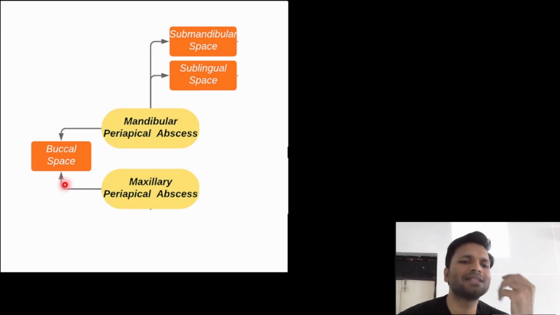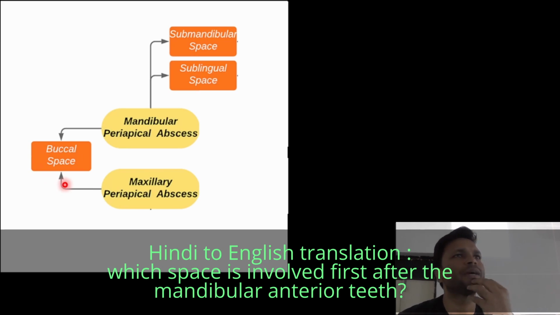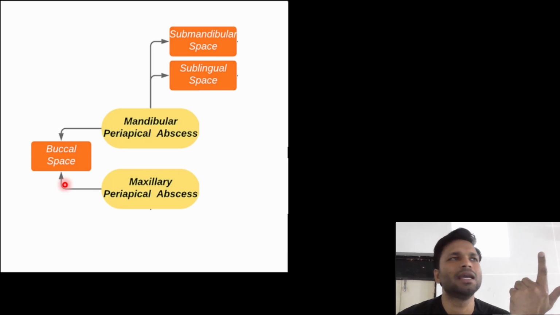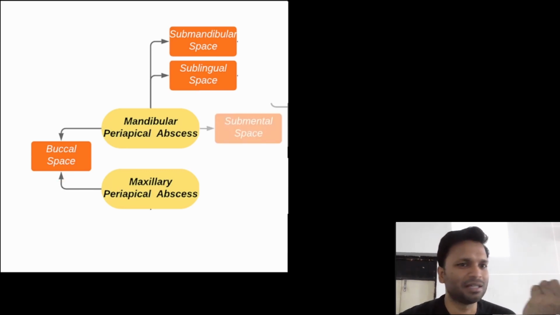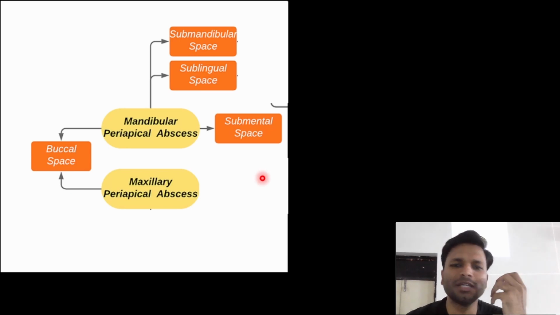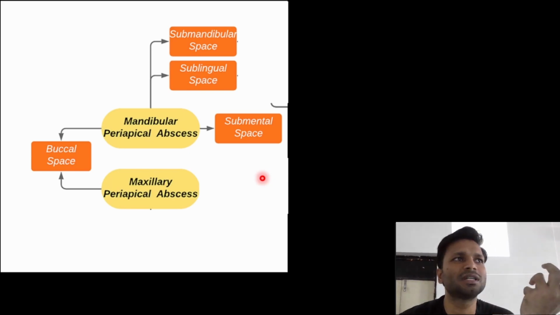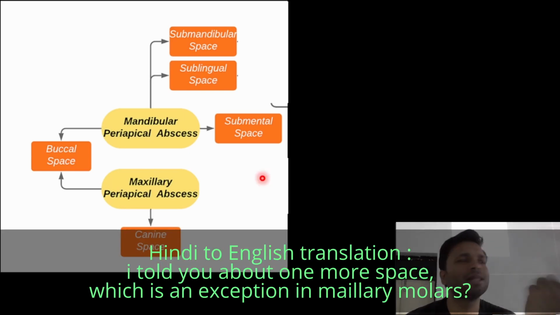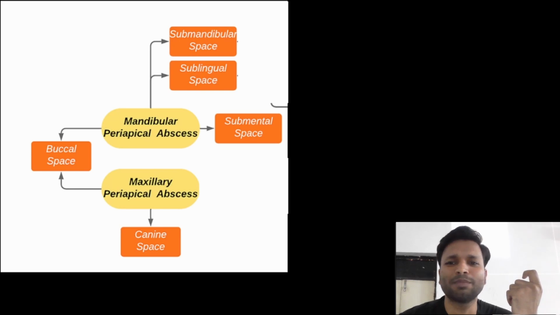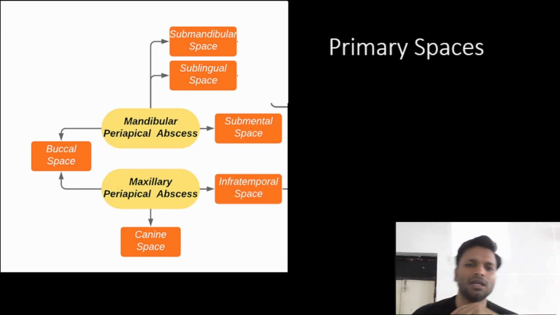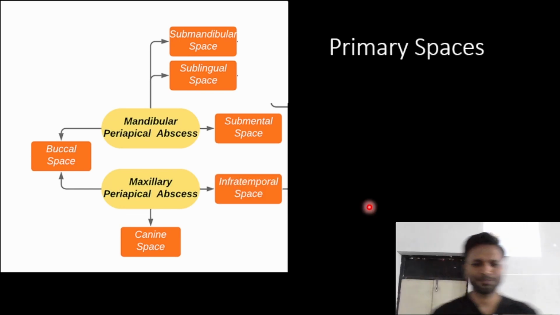Then I told you, in mandibular anteriors, which space is involved first? Either it is sublingual or submental, right? In cases of maxillary periapical abscess, anterior teeth, which space is involved first? Canine space. And after this there is one more space, an exception I mentioned in molars, infratemporal space infection. So these are the primary spaces.